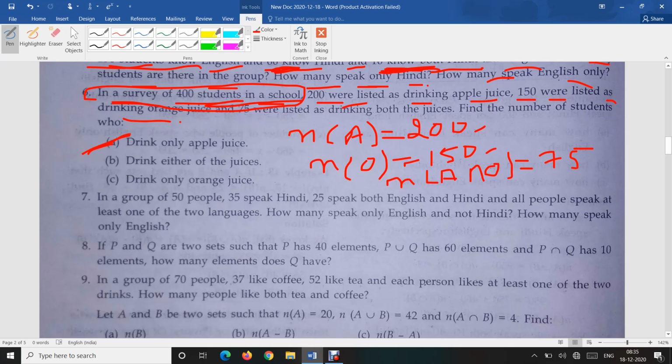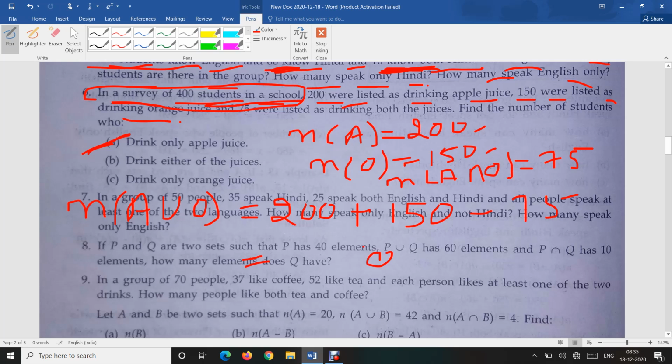You know, first of all you have to find out the union portion, by applying the formula of n of A union B. Now see how we can find it. N of A union O is equal to n of A, that means 200, plus n of O, that means 150, minus n of A intersection O, that means 75.